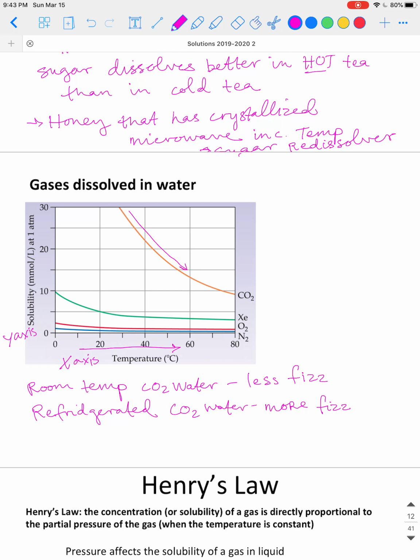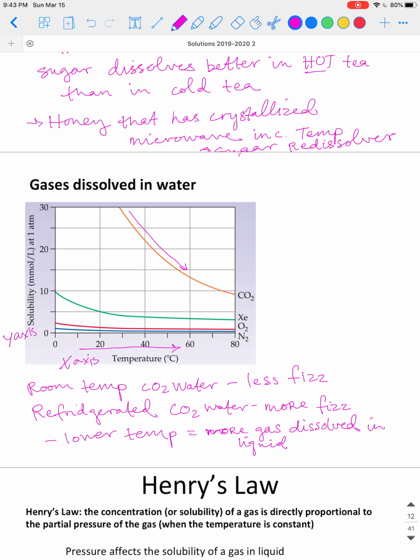And that's because the more you lower temperature, okay, so the lower the temperature, equals more gas dissolved in the liquid.